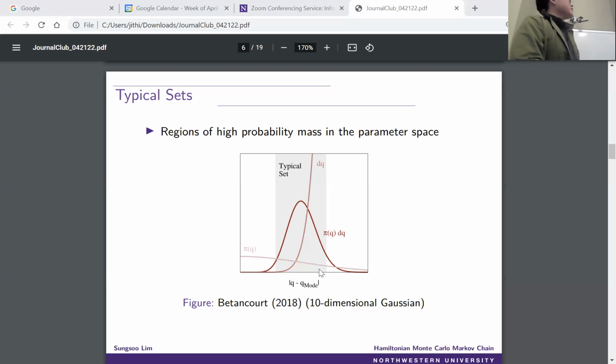What I wanted to convey with this plot is that we need to keep the geometric structures of the distribution in mind when we're doing the sampling.